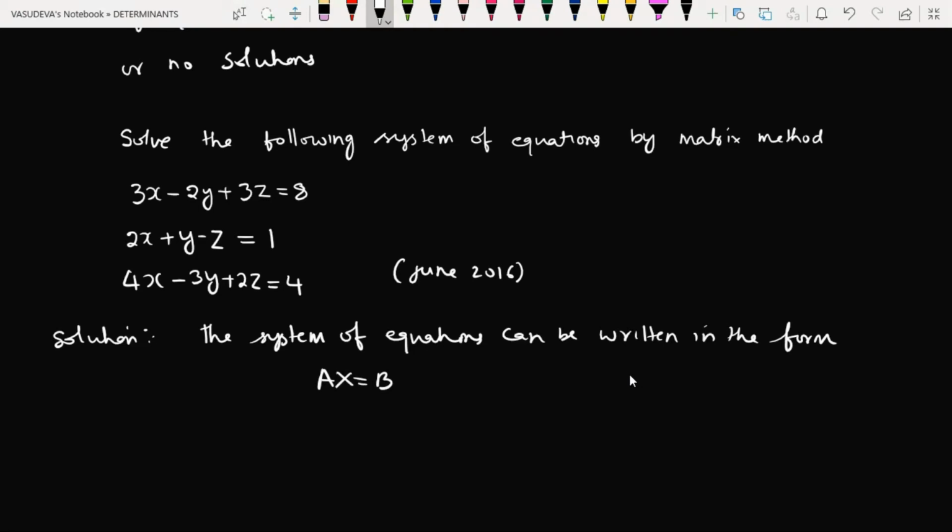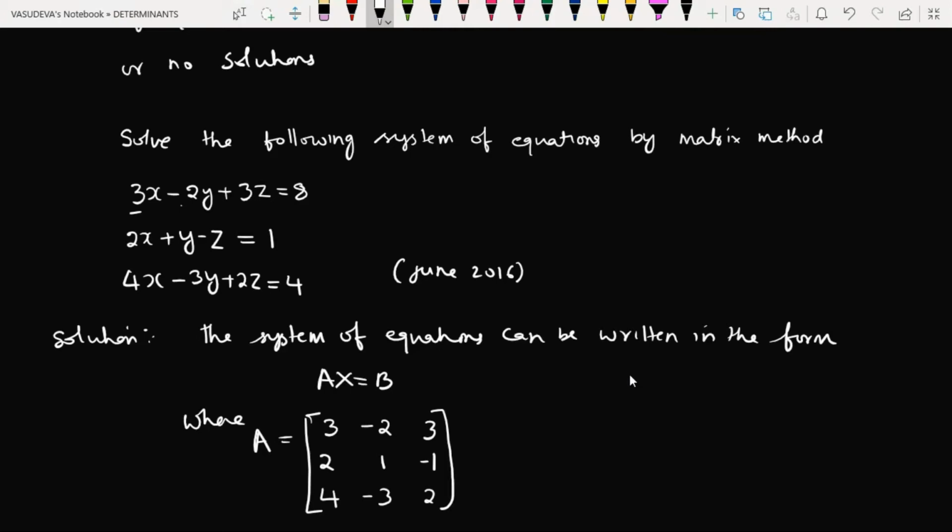Where A is the matrix of coefficients. What are the coefficients of x, y, z in the given equations? Along with sign, you have to take 3, minus 2, 3, and in the second equation 2, 1, minus 1, in the third equation 4, minus 3, 2.